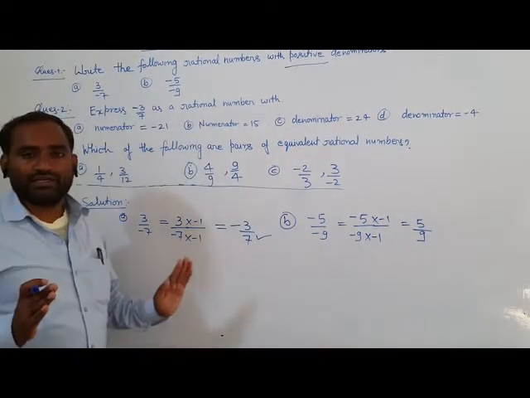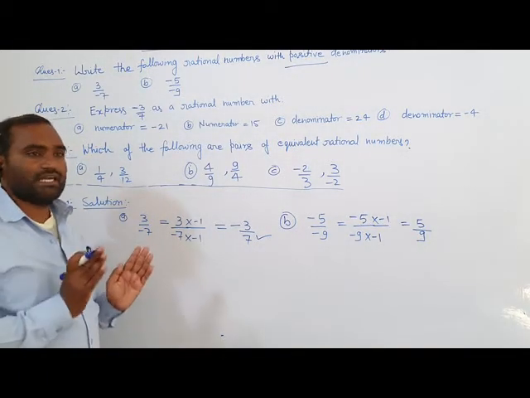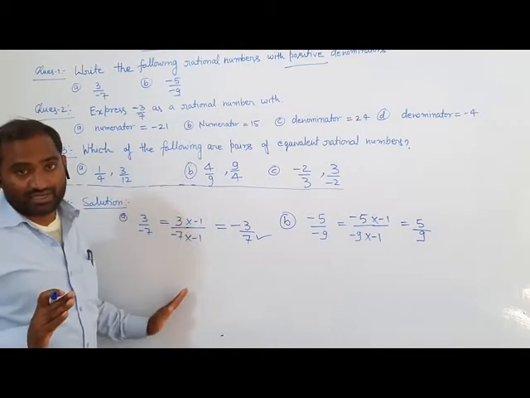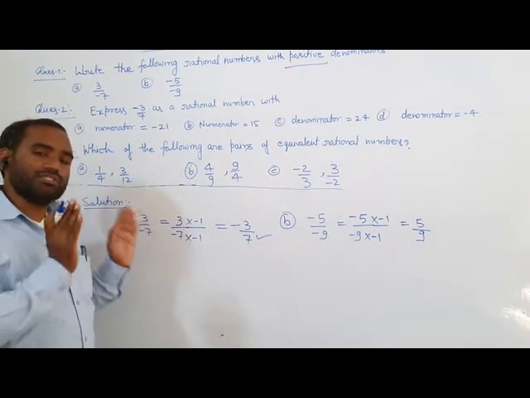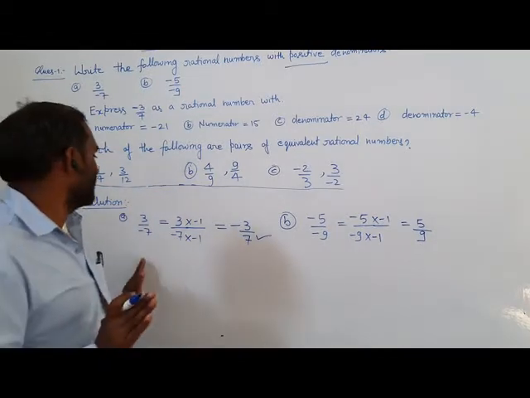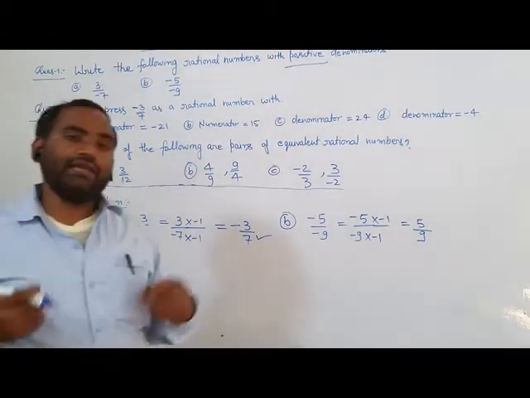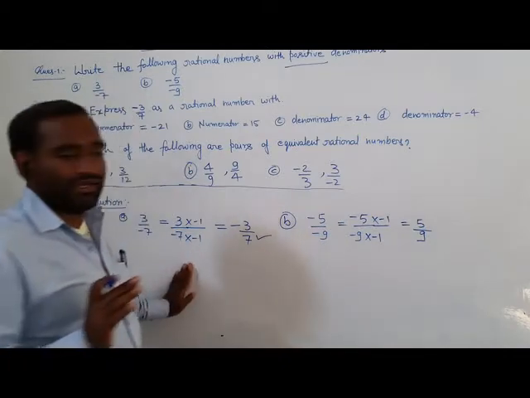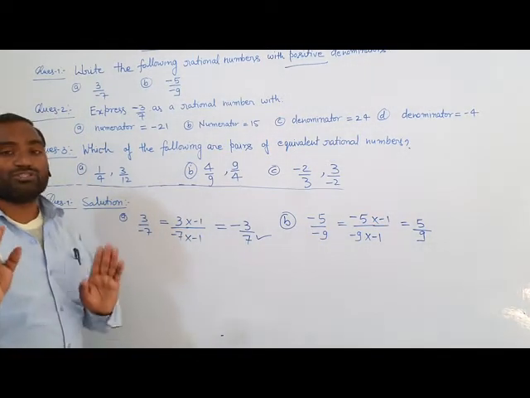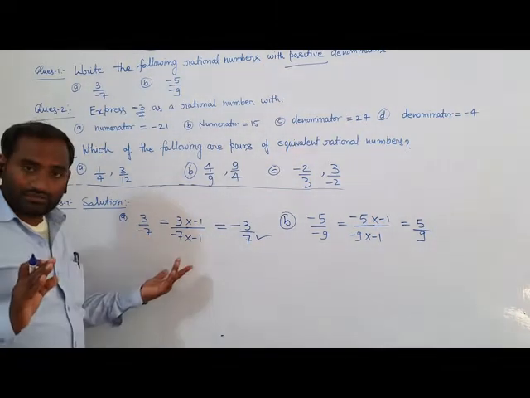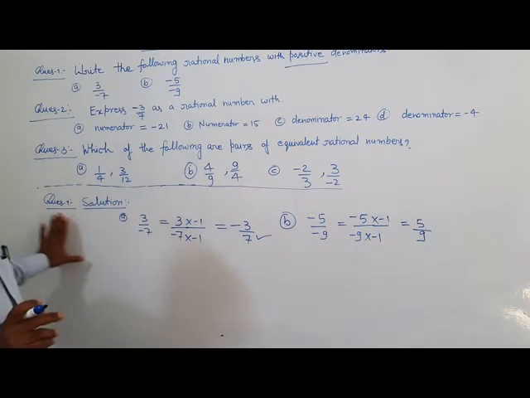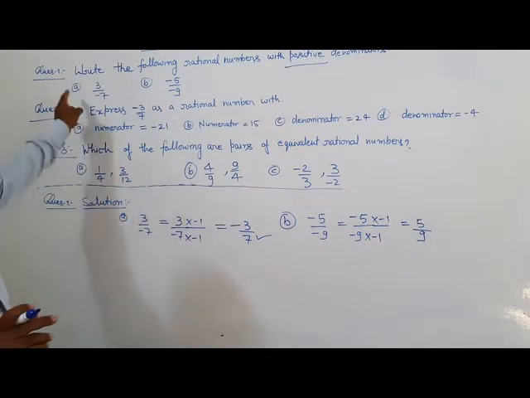You have to multiply by minus 1 in numerator and denominator if we have to change the denominator or numerator positive or negative. So this is the solution of question number first.